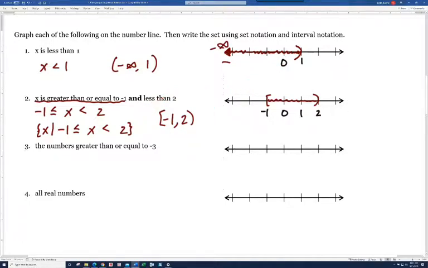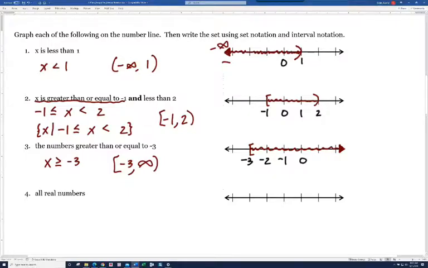All right, let's see how you did on number 3. So x is greater or equal to -3. When you graph that, those are the numbers greater than -3. Notice -3 is in the set because we have x greater or equal to -3, so we'll use a bracket here. And going from left to right, we start at -3, we go forever right, that's what we call infinity.